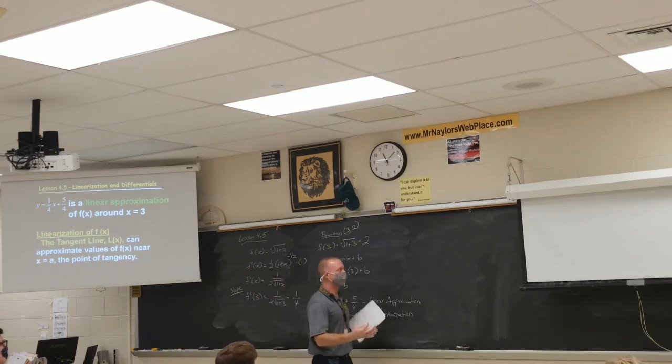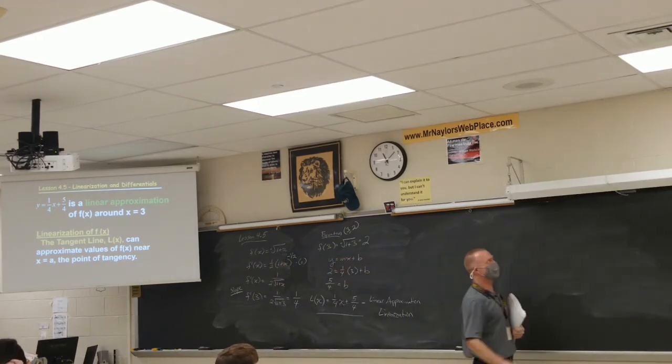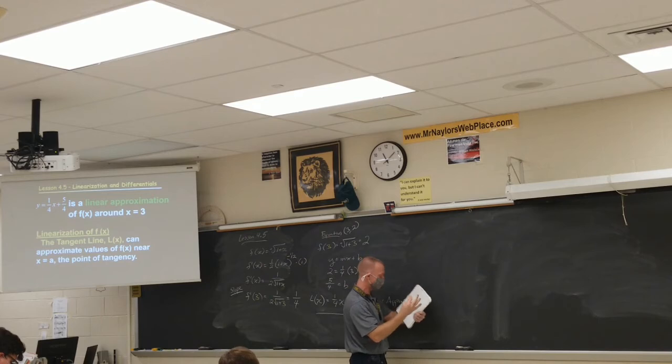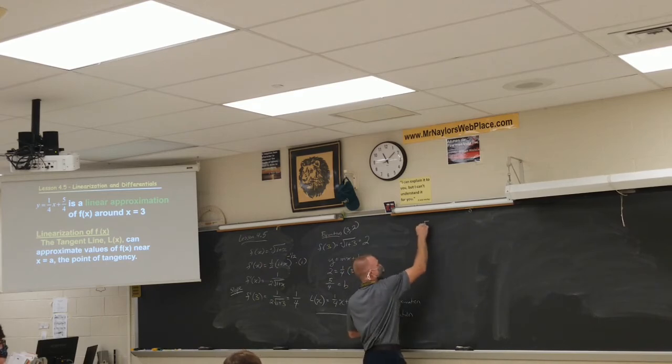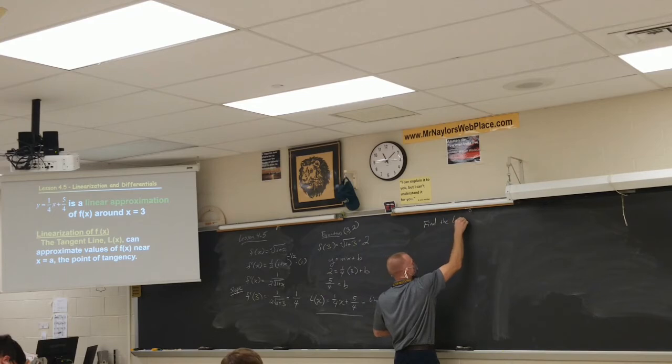So let's find the linearization. It's easy because it's the same thing that we studied, the idea of a tangent line. But then we'll do some comparing, and that's kind of the new idea. So let's try it. Find the linearization. I just want you to see those directions.